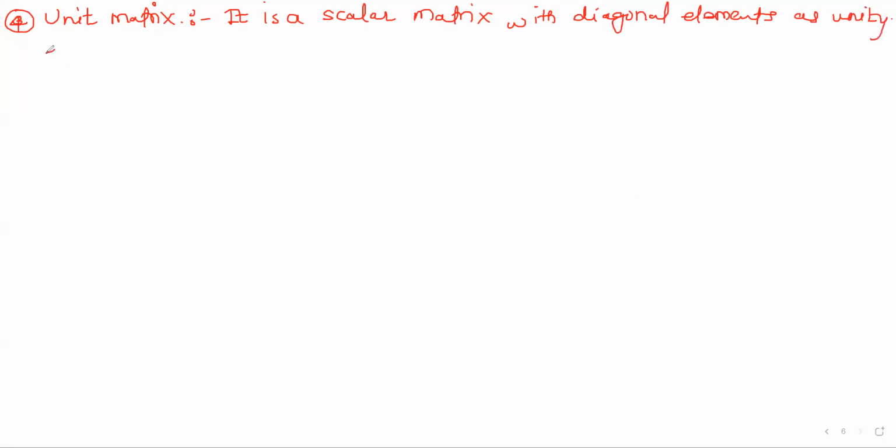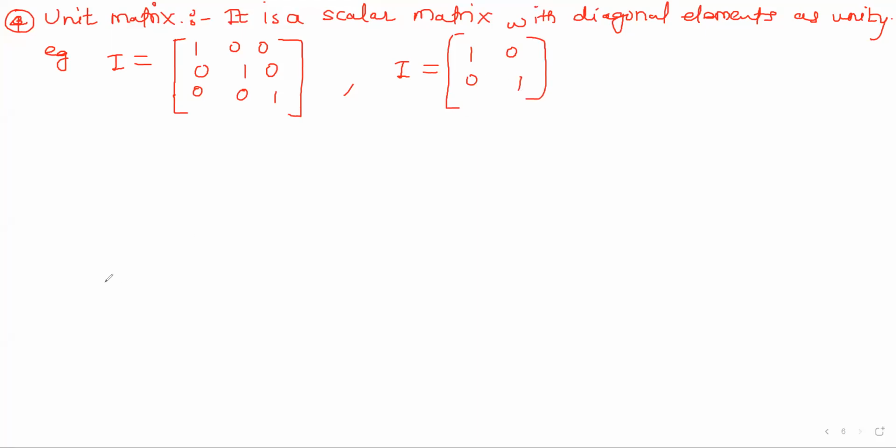For example, say I is equal to 1 0 0, 0 1 0, 0 0 1. Unit matrix you already know, right? This is a unit matrix of order 3. You can also write a unit matrix of order 2, 1 0 0 1, right?